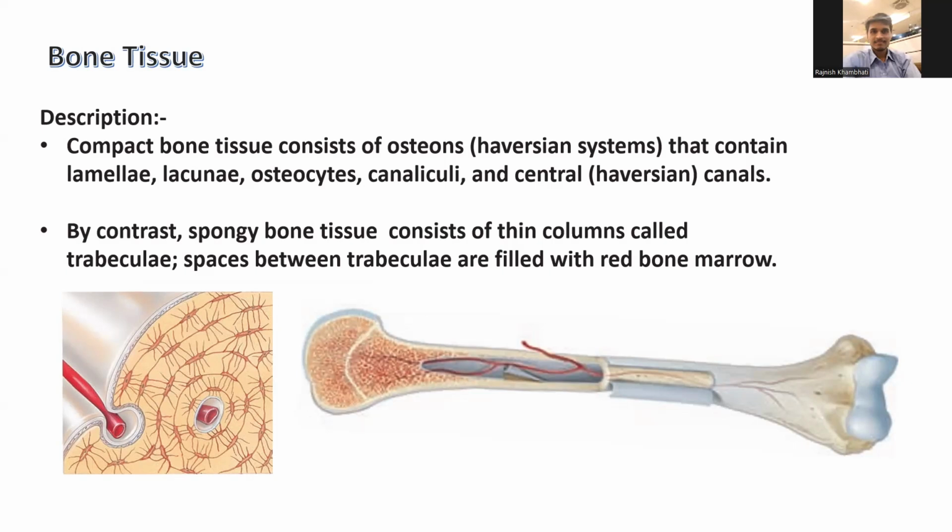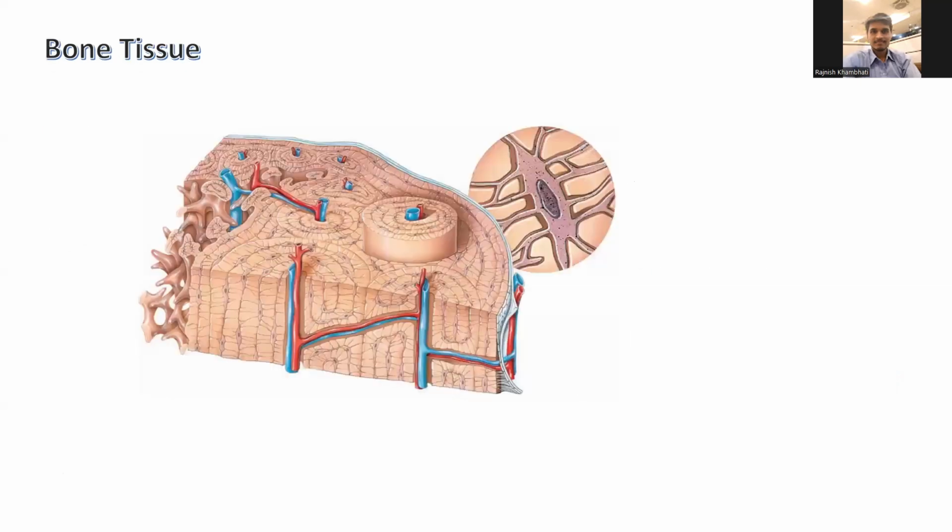Now I will show you the diagram of the bone, and where these things are present in the bones. Like this is the diagram, but I have one more diagram for you. Okay, so let's begin. This is what you see. This is the diagram, a cut section of the bone.